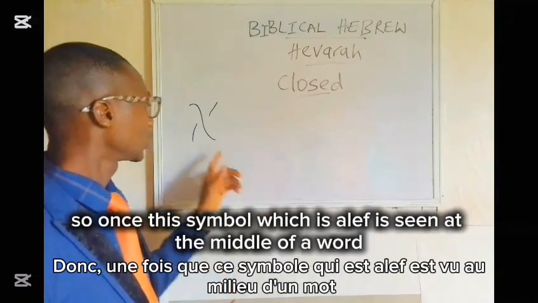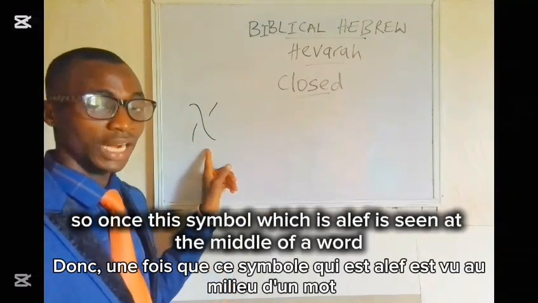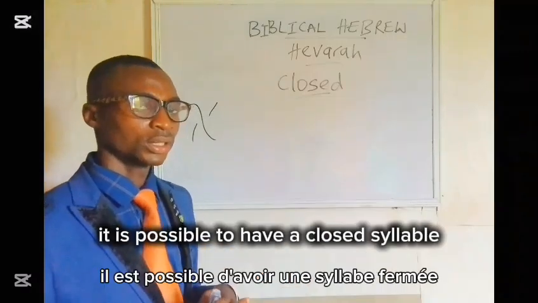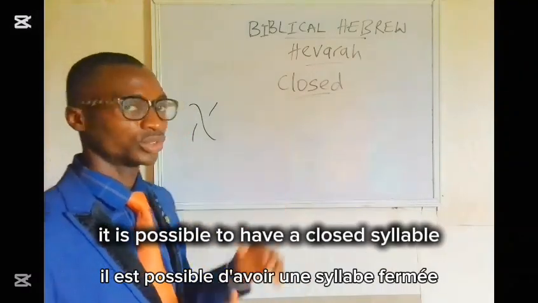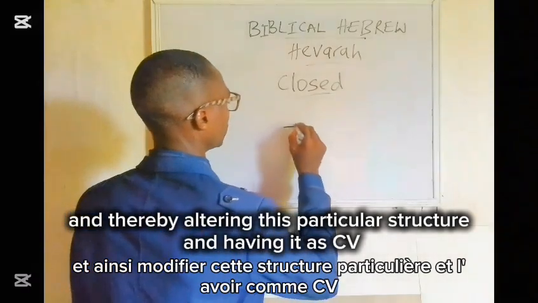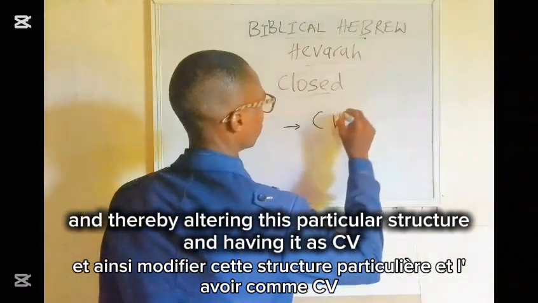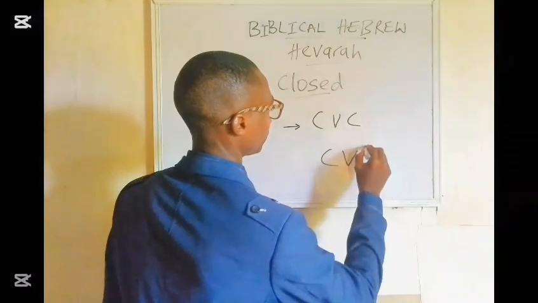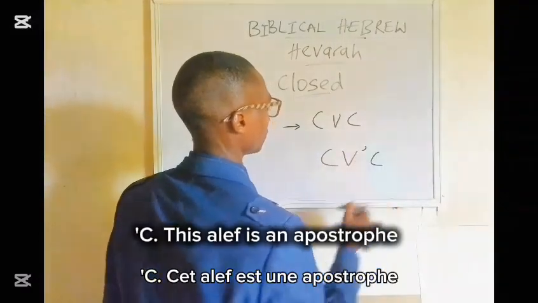So once this symbol, which is Aleph, is seen in the middle of a word, it is possible to have a closed syllable, thereby altering this structure to CVC.